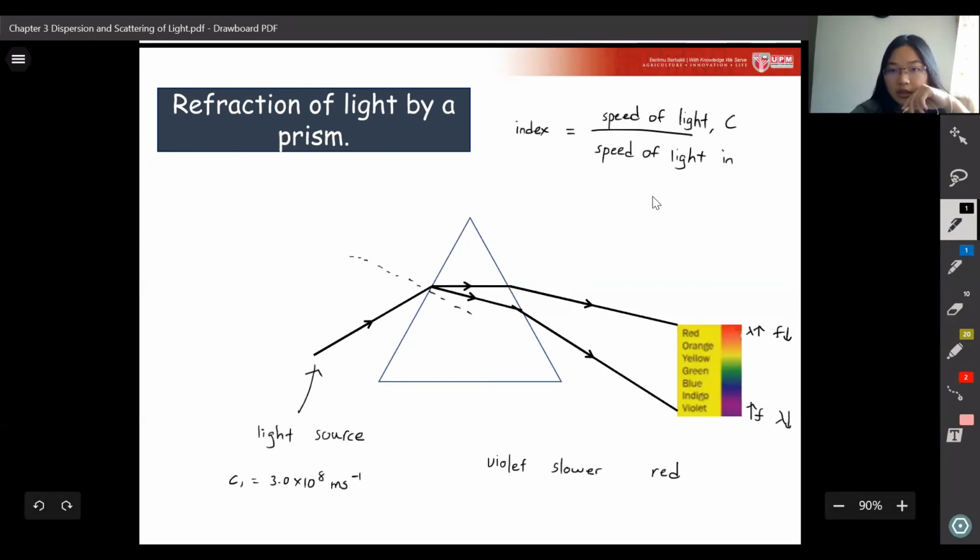And since violet travels slower in a medium, we know that the refractive index of violet is higher compared with the refractive index of red color.